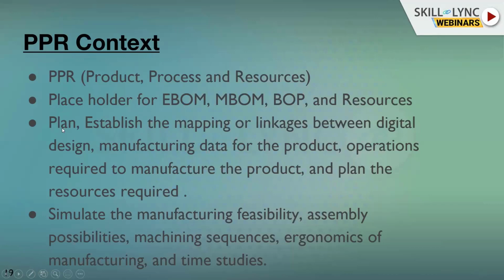It helps you to plan, establish, and create the link between the digital design you are having and the manufacturing data, whatever operations you are planning to manufacture that, and the manufacturing bill of materials that you are having, so that you know which operation is done for what product, and where you are doing it using what tool. So all of that is planned using the PPR context.